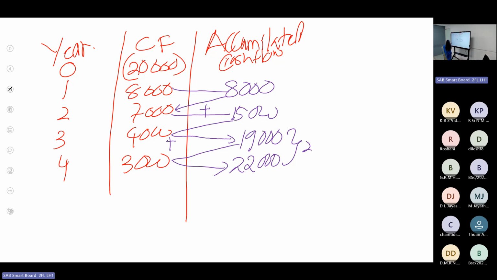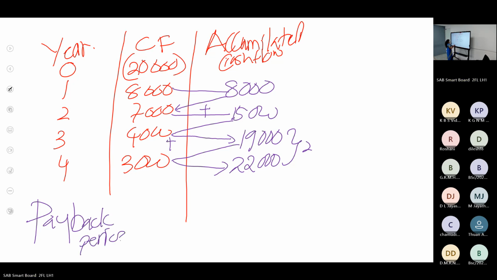So how can you identify the payback period? How many full years are we going to take to recover this investment? First, second, third. At the end of the third year, we will have recovered 19,000.